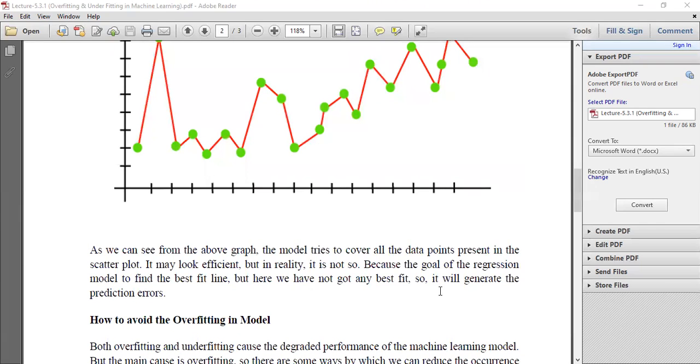It may look efficient, but in reality, it is not so. It is not possible that all data are covered in a single line. The goal of the regression model is to find the best fit line, but here we have not got any best fit, so it will generate prediction errors.